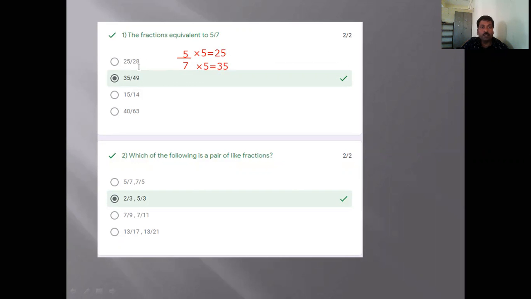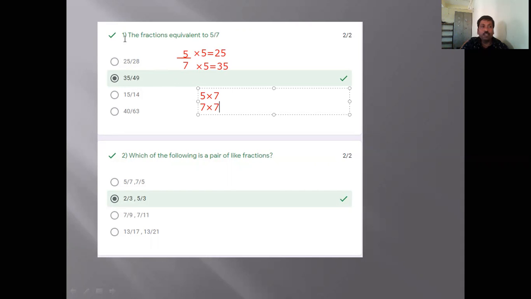It is not possible. But in the second case, here is the 35. 5 multiplied by 7, we get 35, and when we multiply 7 by 7, we get 49.